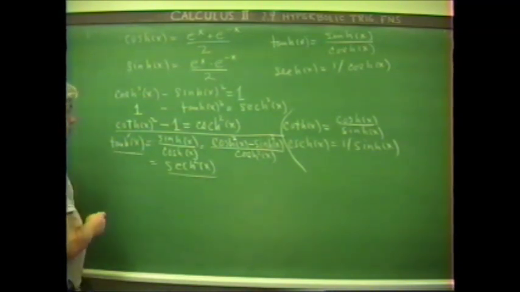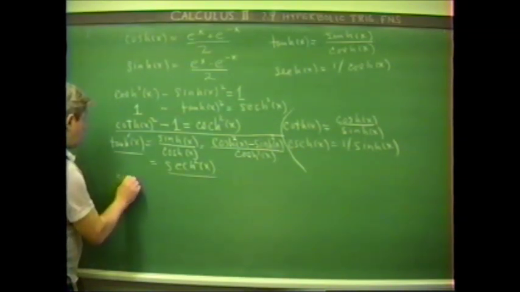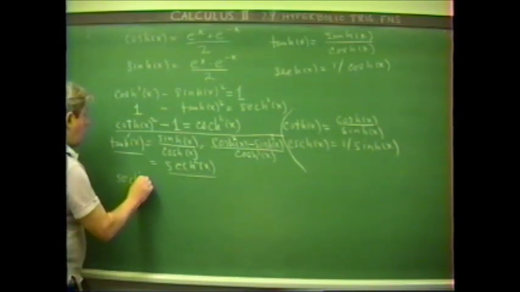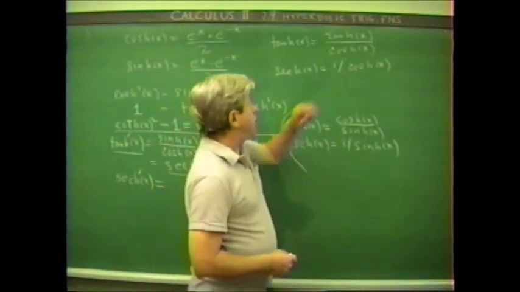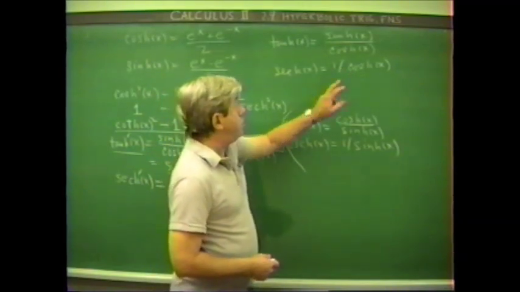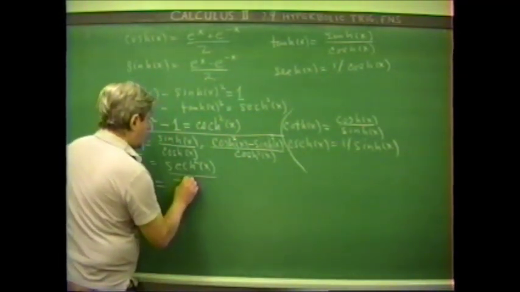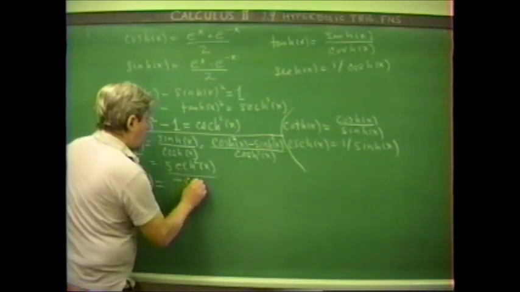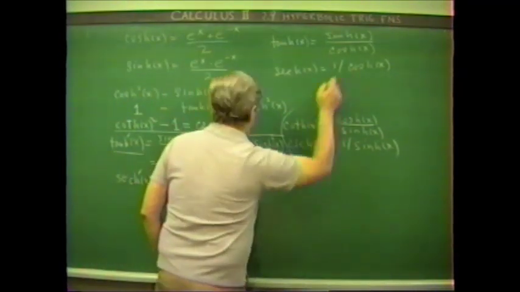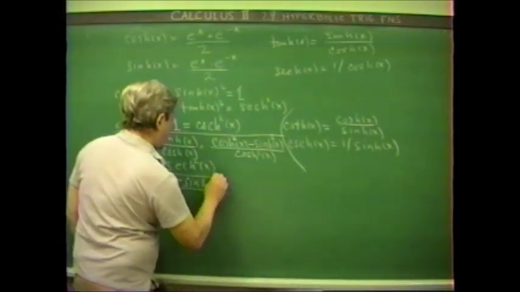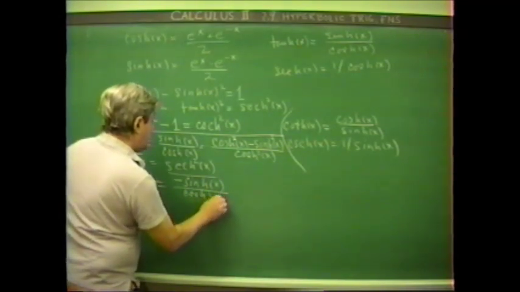The derivative of the hyperbolic secant: hyperbolic secant is 1 over the cosine, so the derivative is the denominator times the derivative of the numerator, which is 0, minus the numerator times the derivative of the denominator, so it's going to be minus hyperbolic sine over the denominator squared, hyperbolic cosine squared.